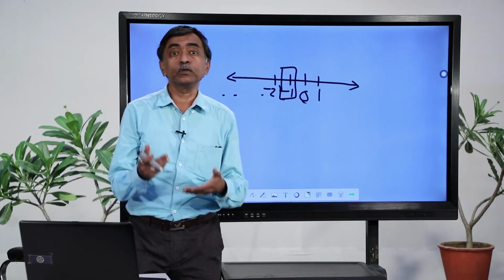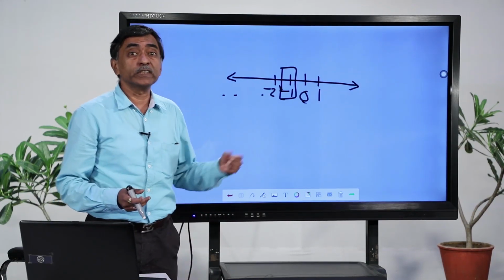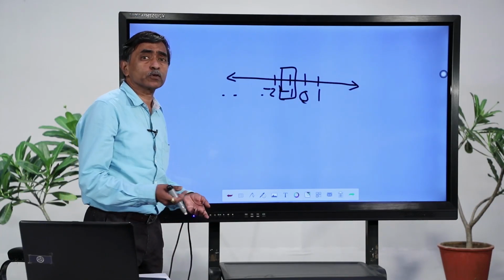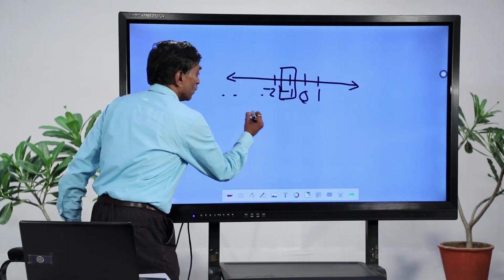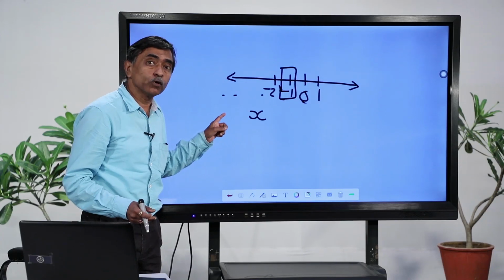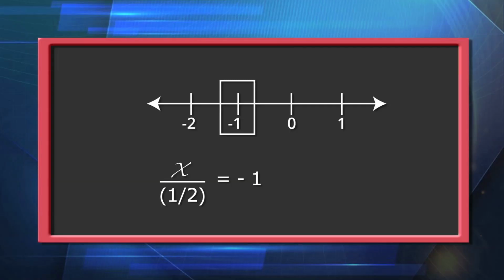So, you have to use your previous knowledge about integers to establish first of all which is the greatest negative integer. And now again you can follow the same process here. If I suppose the number to be x, mind the words here, what should be divided by 1 by 2? I say that x divided by 1 by 2 gives me minus 1.